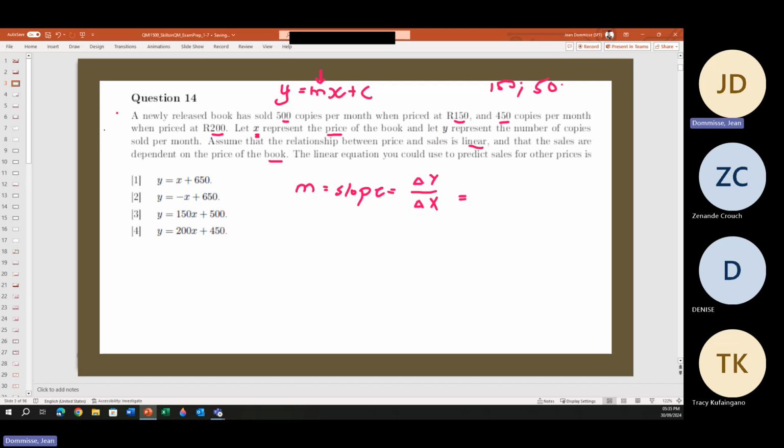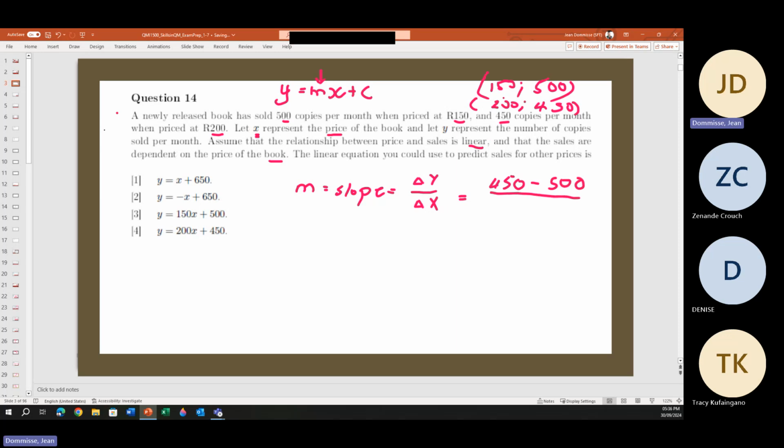Price 150, we get 500 copies, and when the price was 200, we got 450 copies. So we can say the difference in the copies, that's y: 450 copies and 500 copies, so that's your two y points.